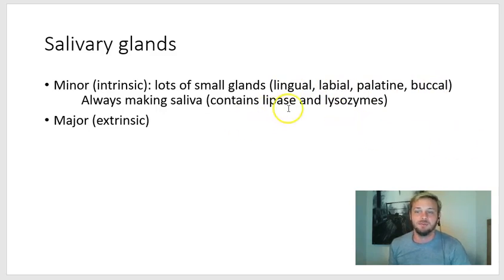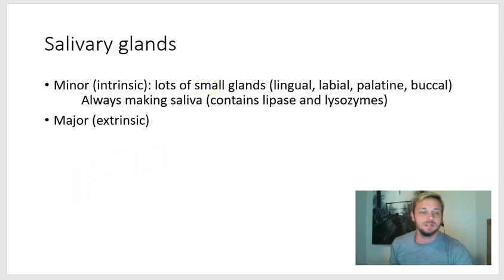And these contain both the lipases and the lysozymes. And so these are the ones that are fighting the bacteria and breaking down the fats that are in your food. And you can stimulate these intrinsic ones if you just take your tongue and rub it on your lip or on your cheek. You can make more saliva that way. And so they react to like having food in the mouth too.